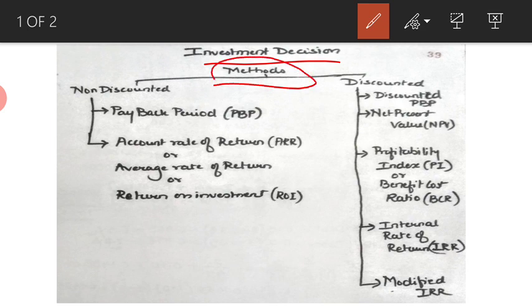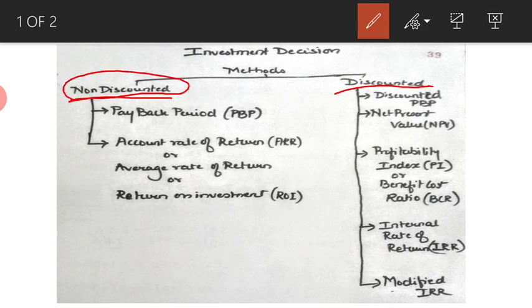These methods are further divided into non-discounted methods and discounted methods, or we also call it traditional methods and modern methods. So let us understand what is the difference between non-discounted and discounted methods.